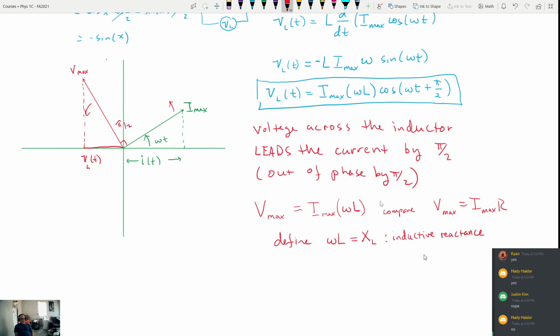This is called inductive reactance. All right. And given that, we can rewrite our voltage equation as just Imax multiplied by X_L. And this allows us to have an equation that is really similar to V equals IR, right? But it's an inductor.